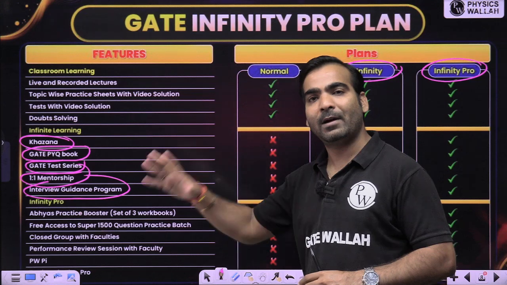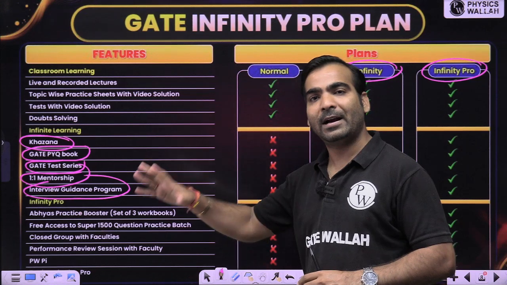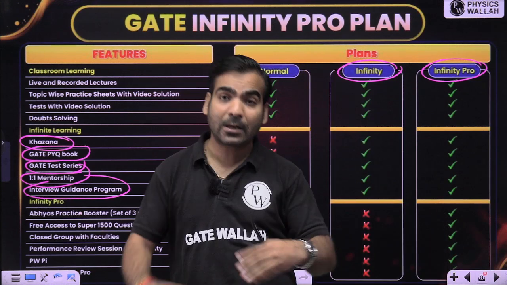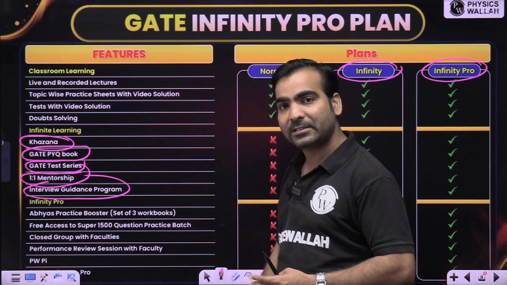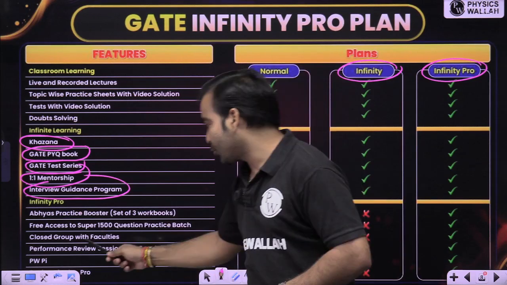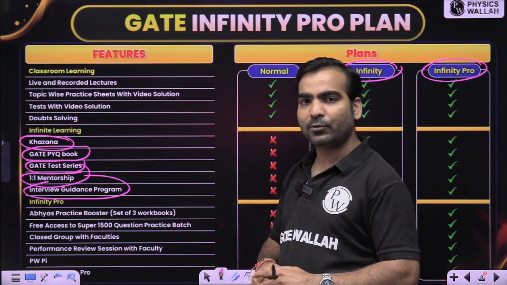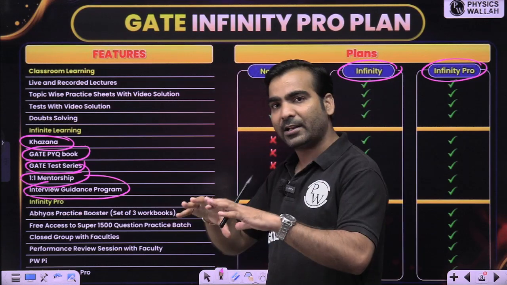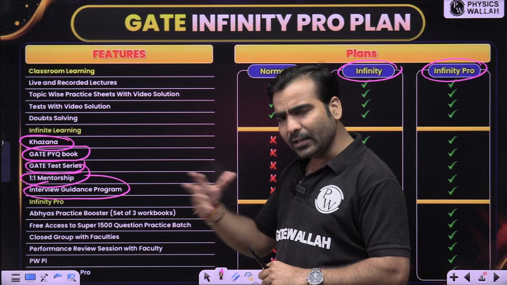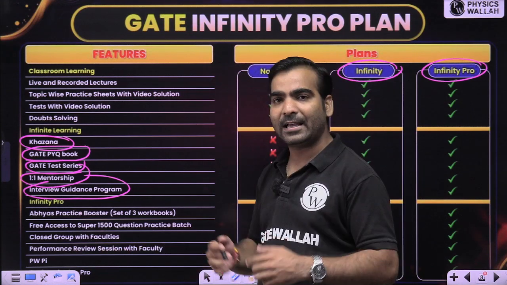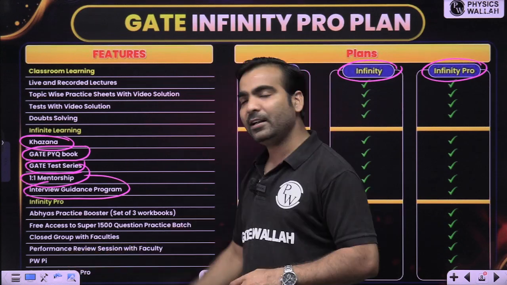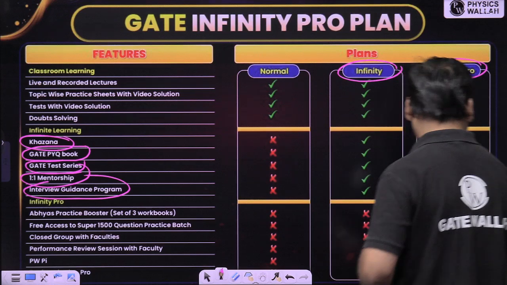That batch will be provided free of cost if you enroll for the Infinity Pro. Otherwise, if a student enrolls for the normal or Infinity plan, they have to purchase this batch separately. Closed group with faculties: you will have a Telegram group or other groups where you can closely discuss with the faculties. Performance review session with faculty: you will analyze your performance, PWPI and other features as well. So these are the features you have.